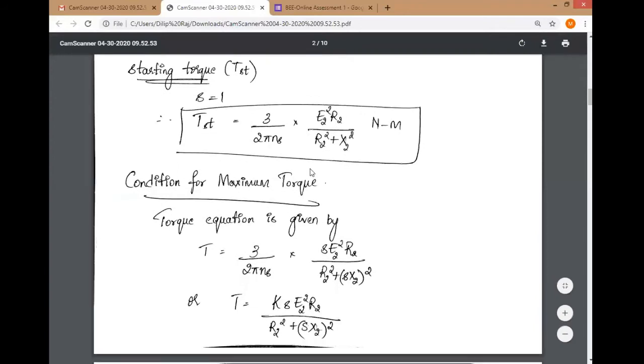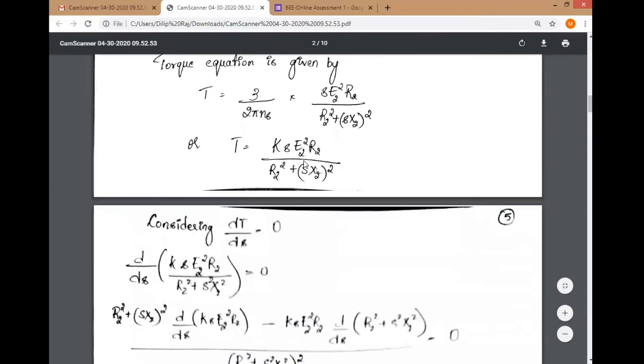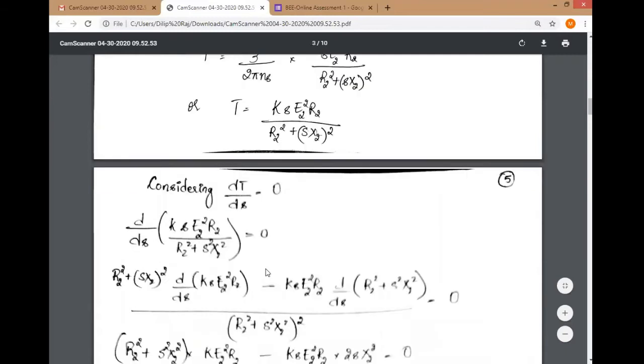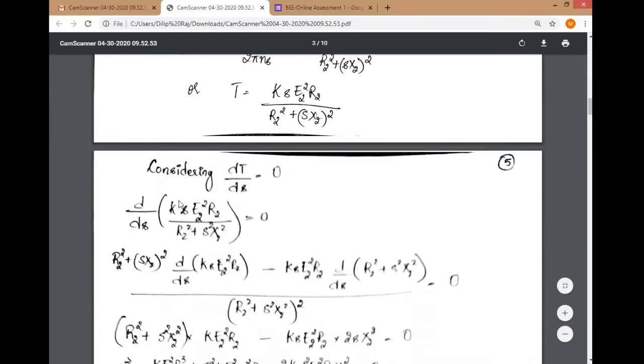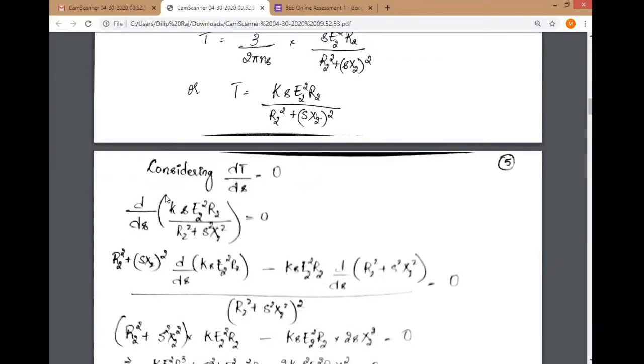Now to obtain the condition for maximum torque, we have to differentiate this torque equation with respect to slip and equate it to 0. So d by ds of the torque equation, equate it to 0. Now here we have this in the form of u by v, so we apply v into du minus u into dv by v square.